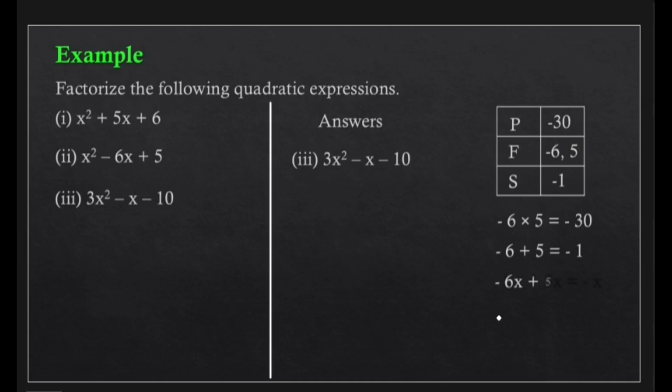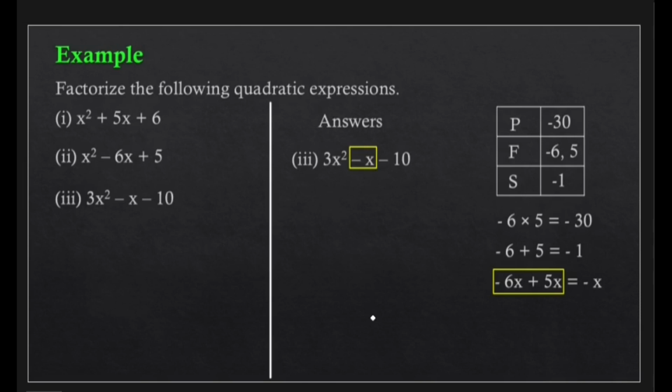Negative 6x plus 5x gives us negative x. That's the magic I'm talking about. Just by putting x here, it gives us negative x, which is the middle term in our expression here.